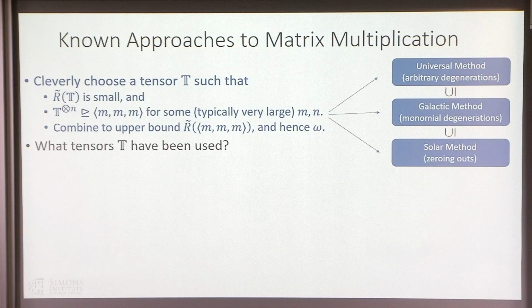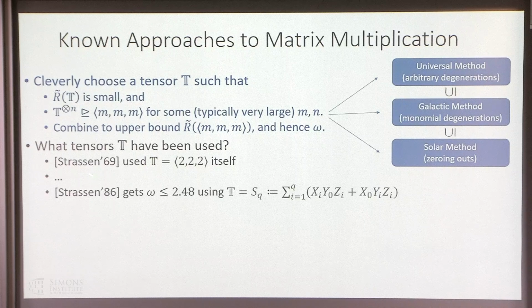What tensors have been used? Strassen used just the 2x2 matrix multiplication tensor itself. And then there were many, many follow-ups after that. And then in 1986, Strassen used a tensor that is not a matrix multiplication tensor, not a disjoint sum of them. And this is some funny-looking tensor here.